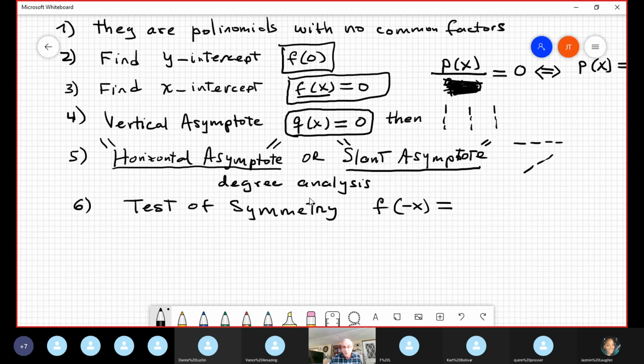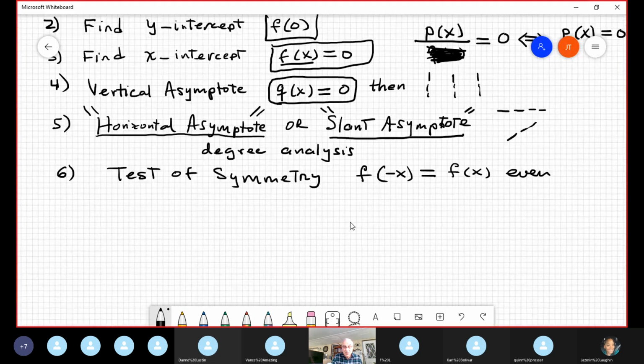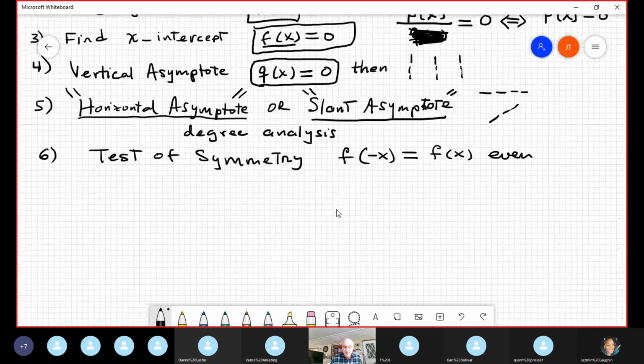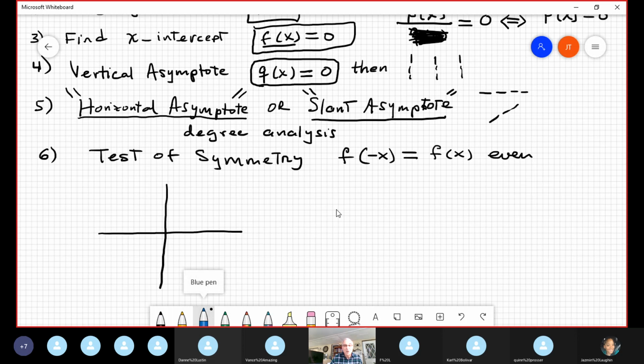When you do the reflection of the original function, it's exactly the same as the original, because it's even. So, if it is even, I take advantage of this fact, and I know that my function is symmetric with respect to the y-axis. In other words, my function looks like that.